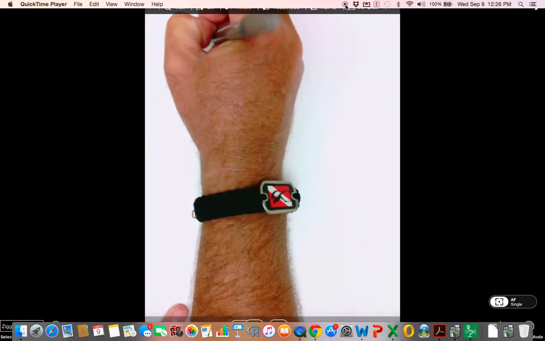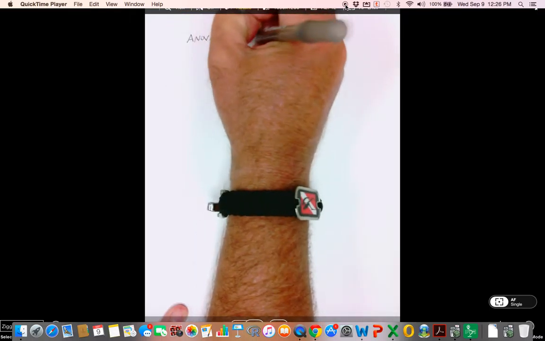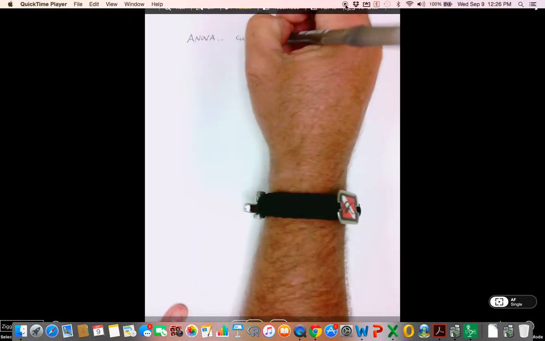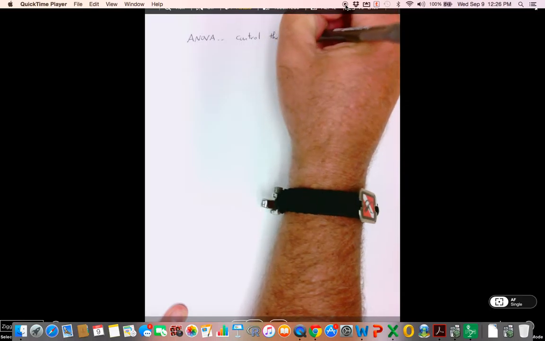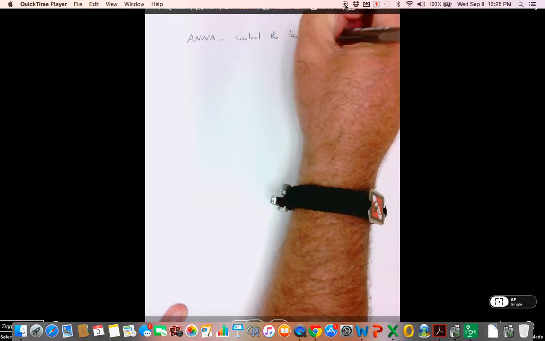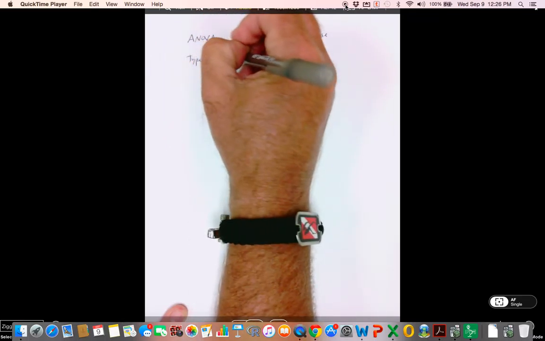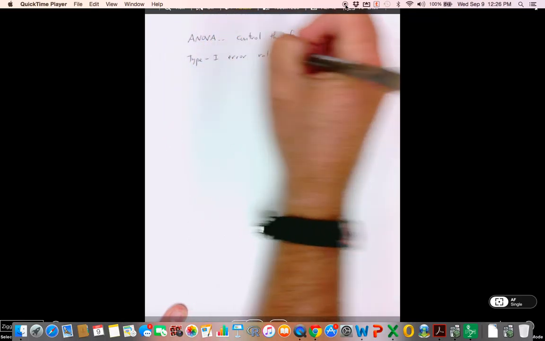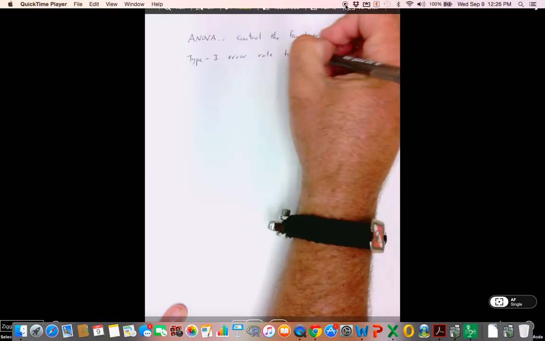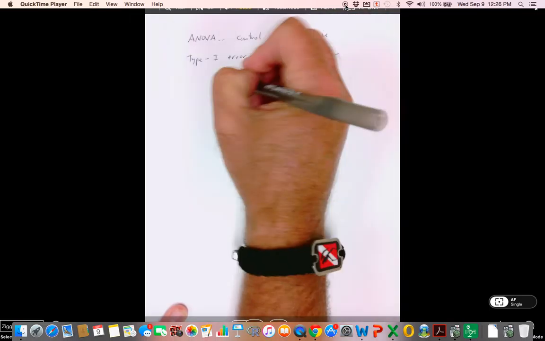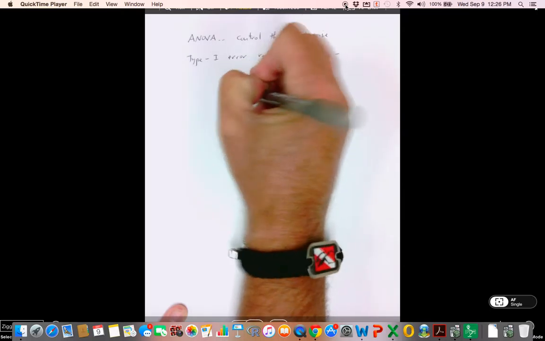So that's at the end of the day what we seek to do with ANOVA. The main goal with ANOVA is to control the family-wise type 1 error rate to usually 0.05.